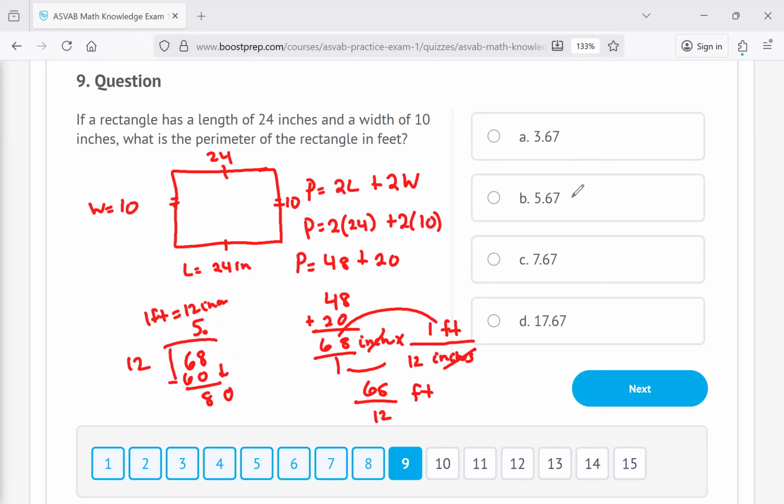You know it's going to be B, but if you want to go further, how many times does 12 go into 80? About 6, because that would be 72. 80 minus 72 is 8. Bring down the 0. It's just going to keep on repeating. And that means your answer is going to be 5.67. Because I don't see any other 5, you don't really have to go any further, right?